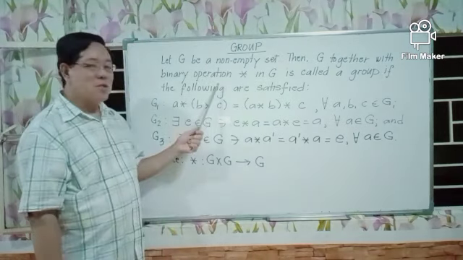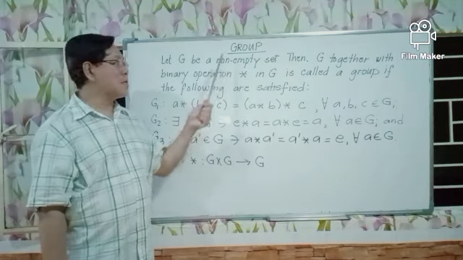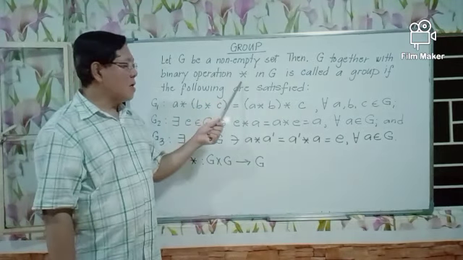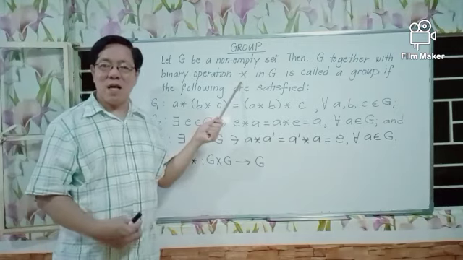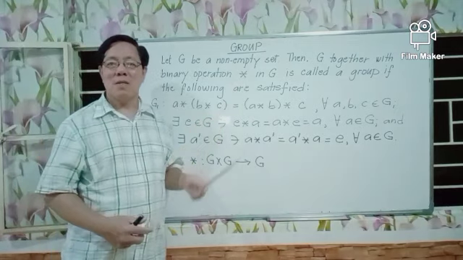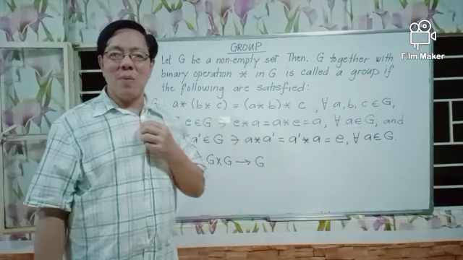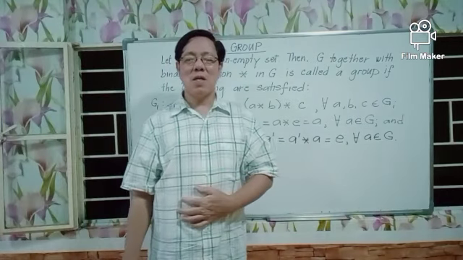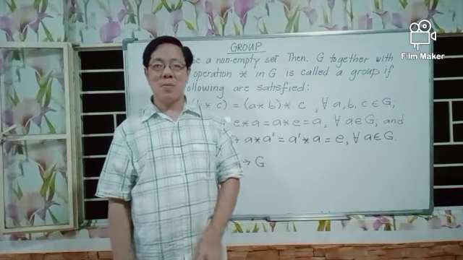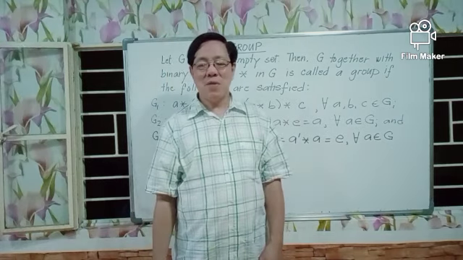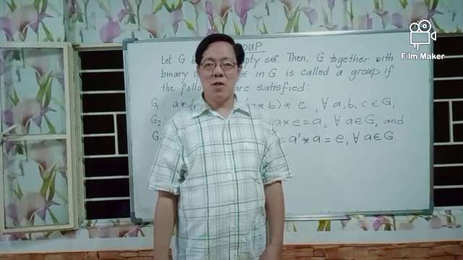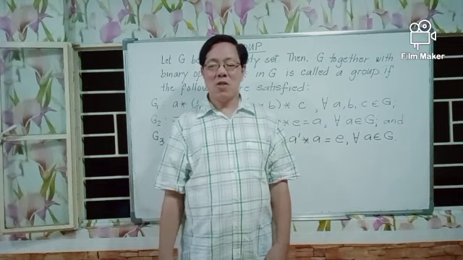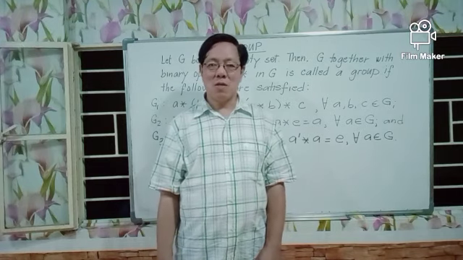In this definition, because this definition is general, the binary operation star is not specified. But you have taken some examples of binary operation in algebra defined on the set of real numbers. You have the binary operation addition and the binary operation multiplication.